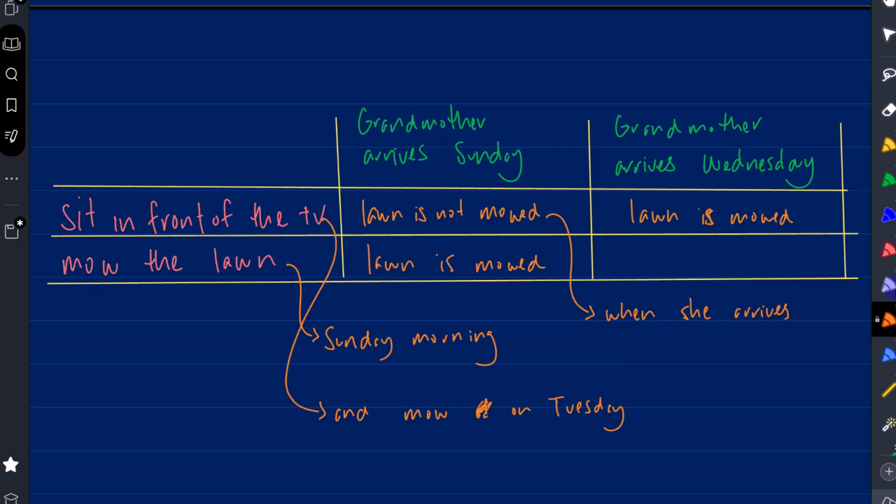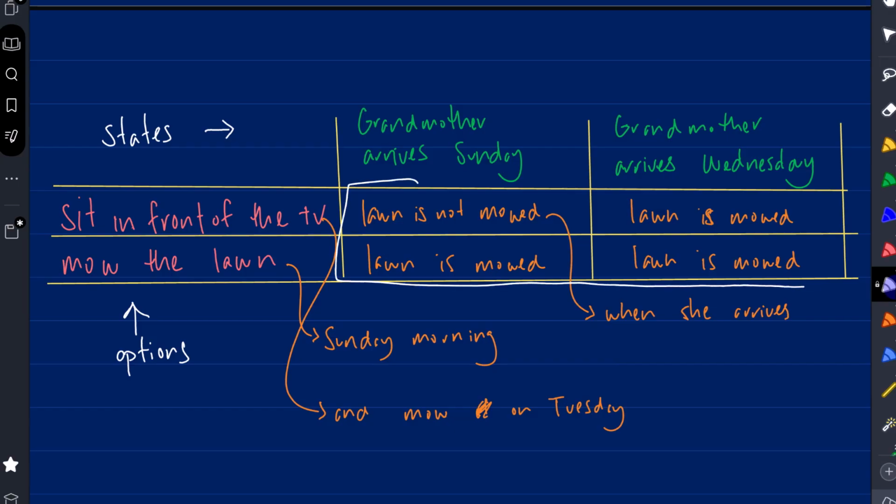And if you just mow it on Sunday morning and your grandmother arrives on Wednesday, again, the lawn is mowed. Okay, so options. States, and then these are the outcomes.